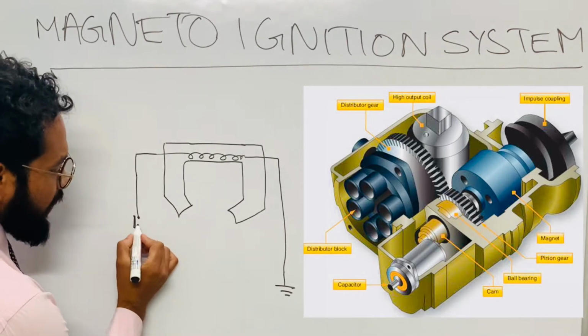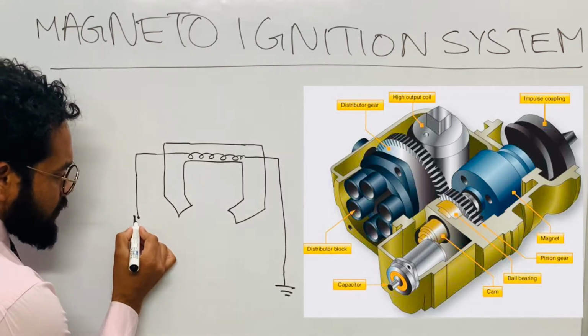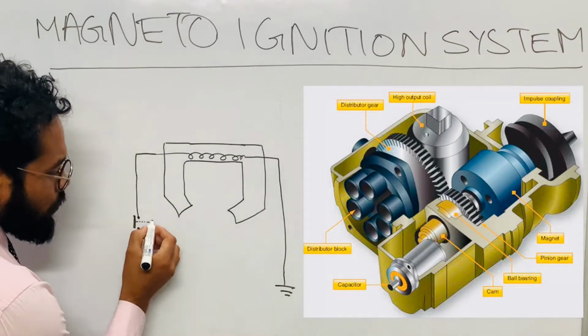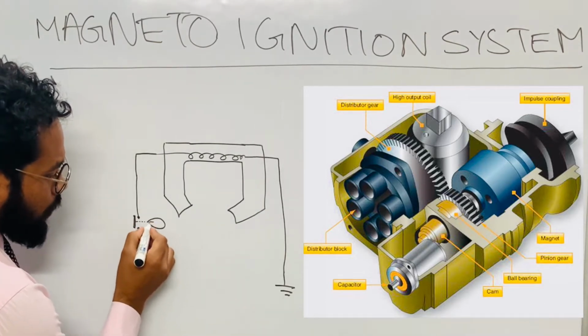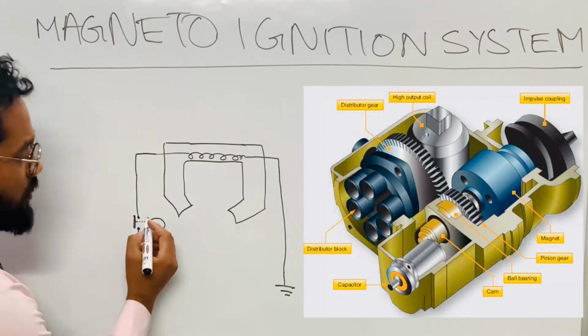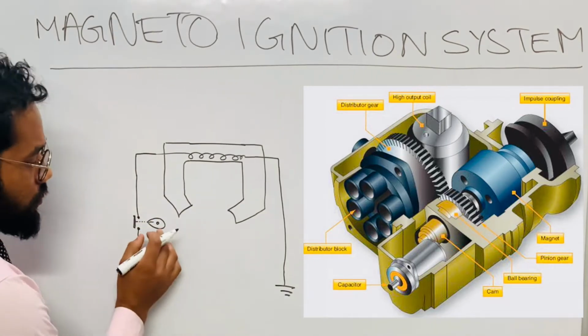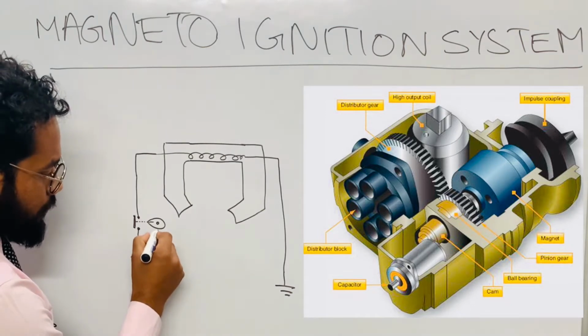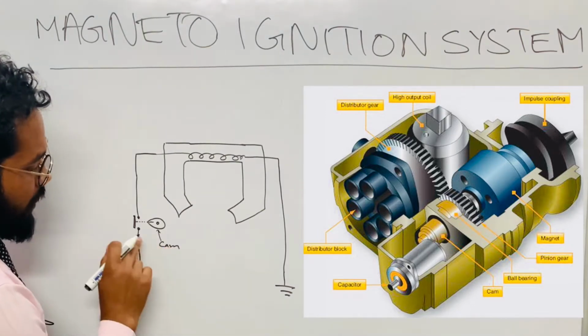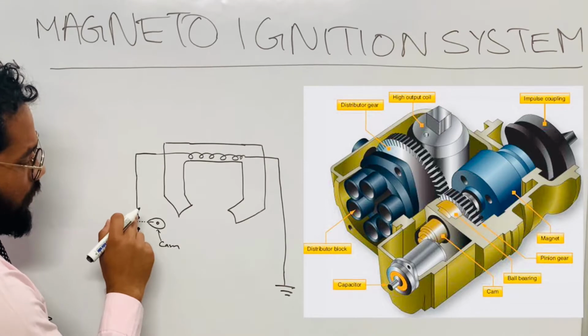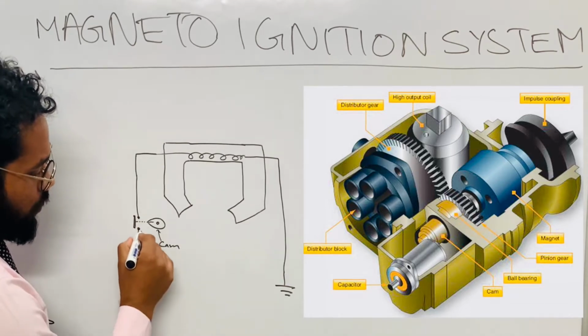This contact is attached mechanically to a cam, which is coupled to a magnet. Suppose this is the cam, and these two are the contacts which make up the contact breaker.